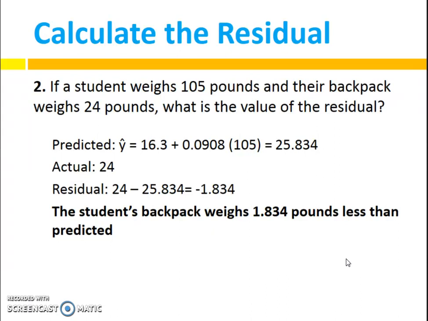A minus P. And we find that it's a negative value. So this tells me my backpack weighed less than I predicted. Well, actually, I overestimated it because the actual weight is less.